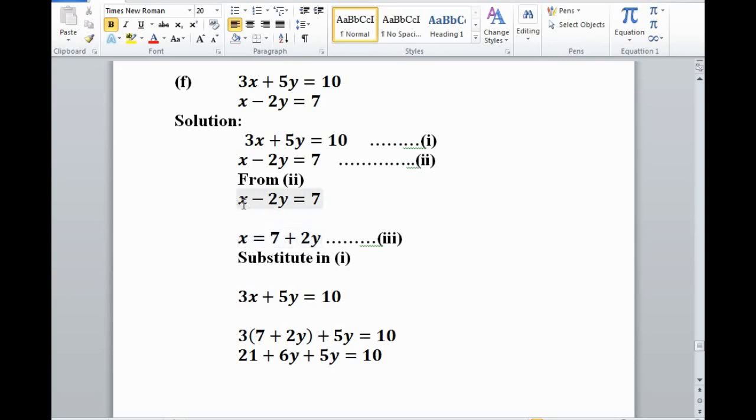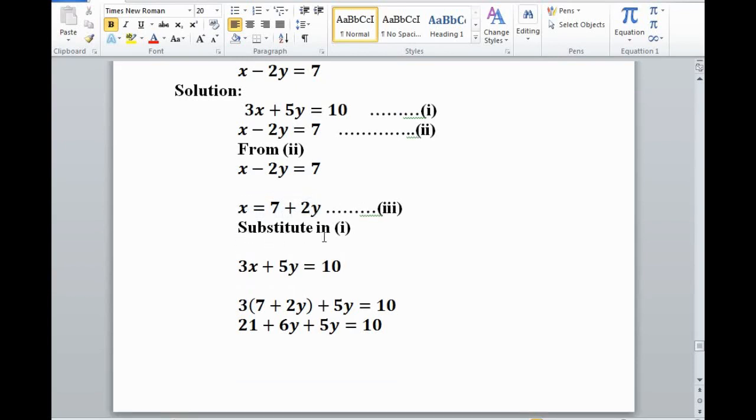So x as it is, and negative 2y becomes positive 2y when we take this term negative 2y from left to the right side. Now this is called rearranging equation 2 to express x in terms of y. Okay, this is our equation 3, so let's substitute x equals 7 plus 2y in equation 1.